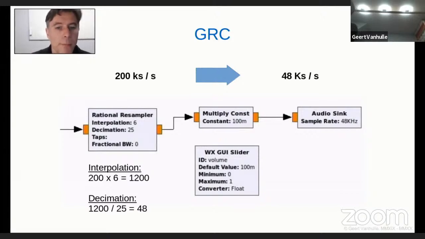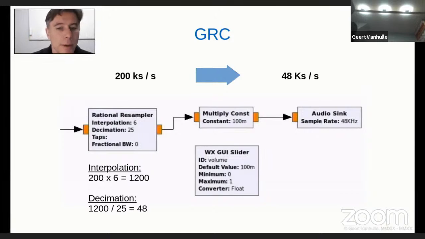Then I have a multiply constant. So I have these discrete sample values, which are floats, and I can mathematically multiply them with a value. Now I'm multiplying them with 0.1, and this is actually a volume control, because the height or the value of the sample is actually the audio amplitude level.